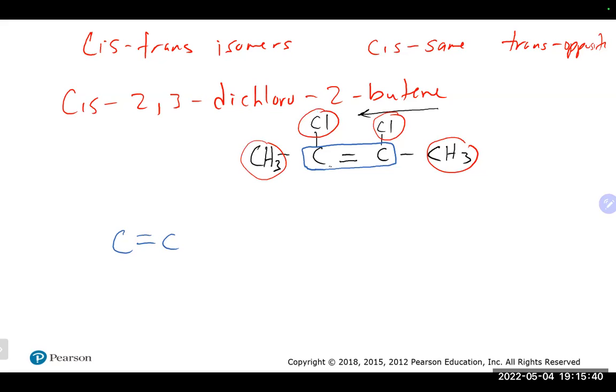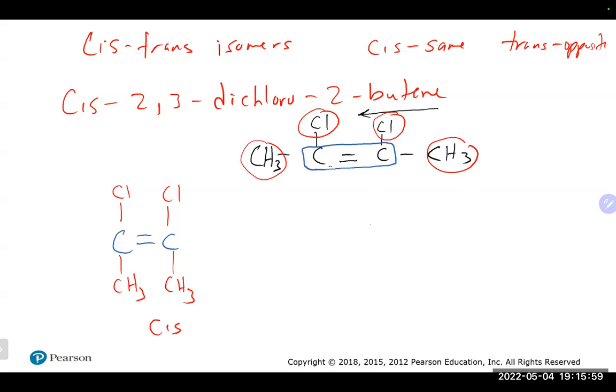If I wanted to draw the cis, I could simply put either the methyl groups or the Cl groups on the same side, and draw it showing the cis this way.